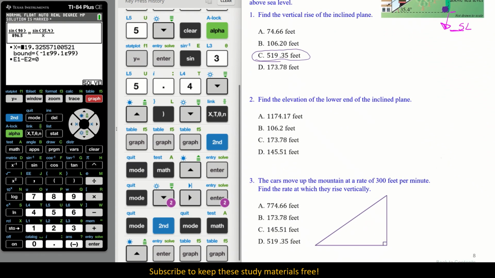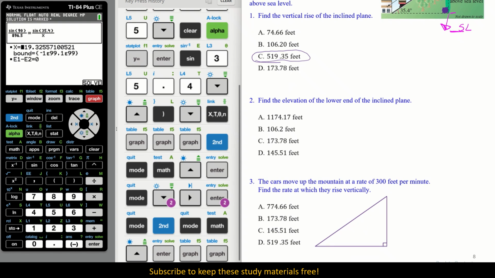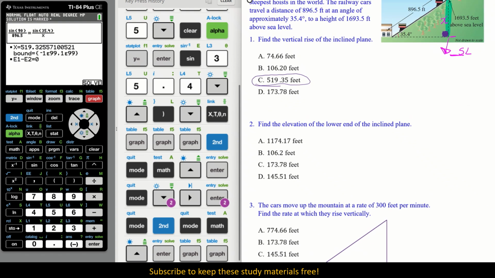Now let's look at number 2. It says find the elevation of the lower end of the inclined plane. Well, that would be how far above sea level it is. Remember, we have the 1,693.5 feet, but we didn't have this bottom height above sea level.